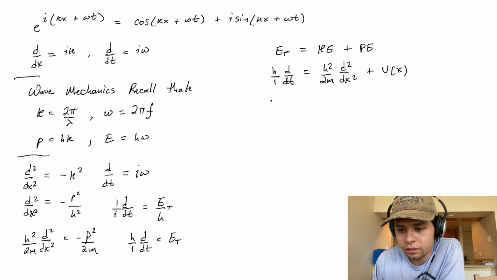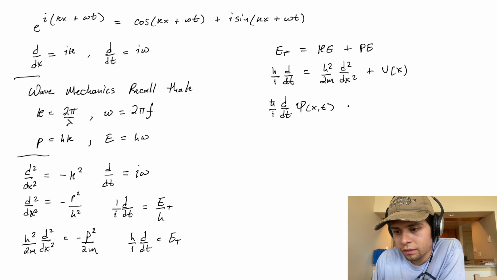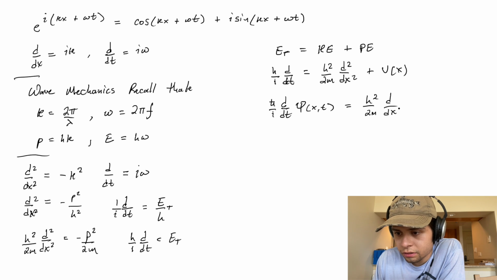So what we have here is h bar over i d/dt of phi, this has to be a function of x and t, is equal to negative h bar squared over 2m d squared dx squared phi of x and t plus V of x times phi of x and t.